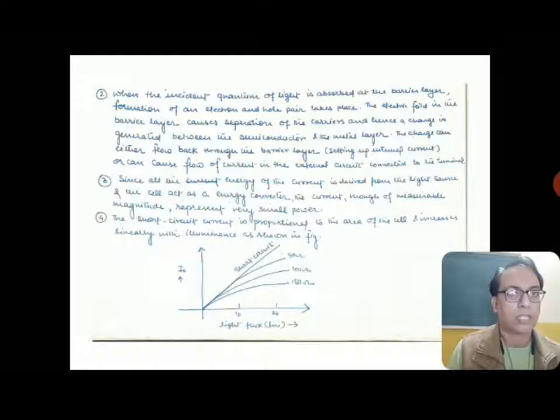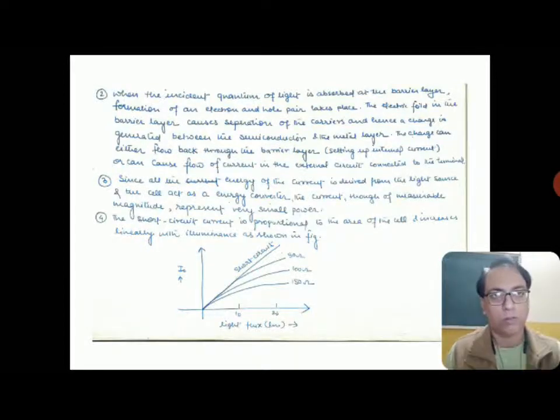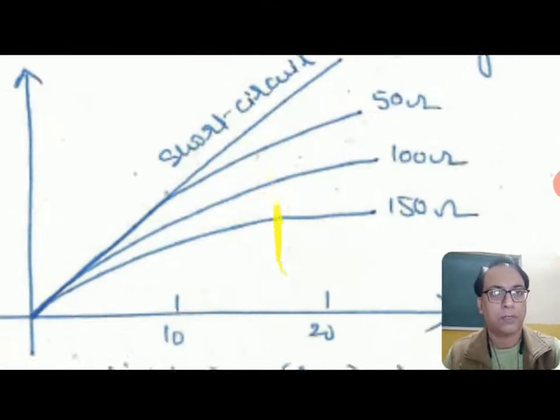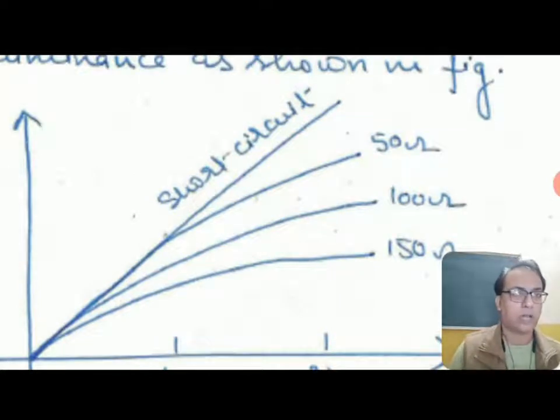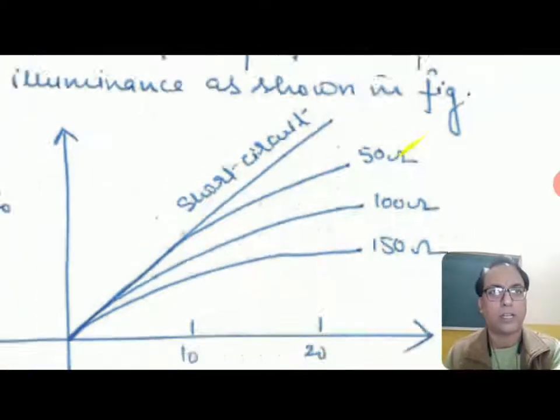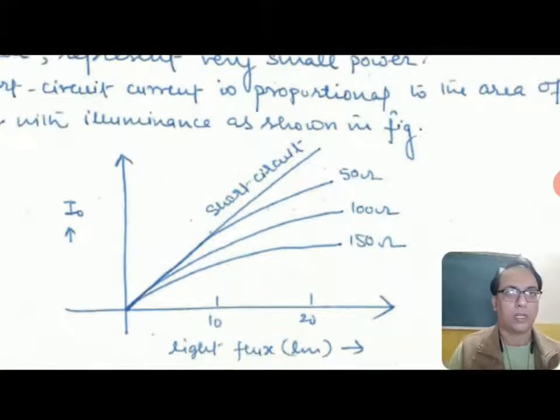As soon as you increase the illuminance, the current value also increases. The graph shown below is for the short circuit value, a straight line, and as you give a load of 50 ohm, 100 ohm, 150 ohm, it becomes a little bit non-linear. This is the current value with respect to light flux.